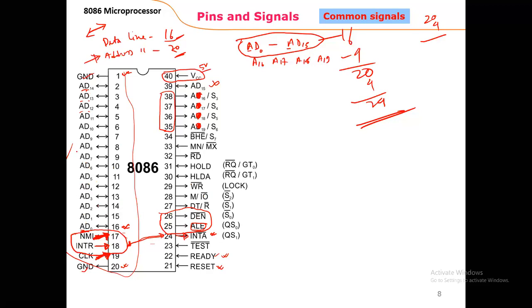If the data line is enabled, this pin is low because it is active-low. So this pin 26 outputs a low signal. Then for the data line enable, and pin number 25 high, then the address line is enabled. Okay, all are clear?